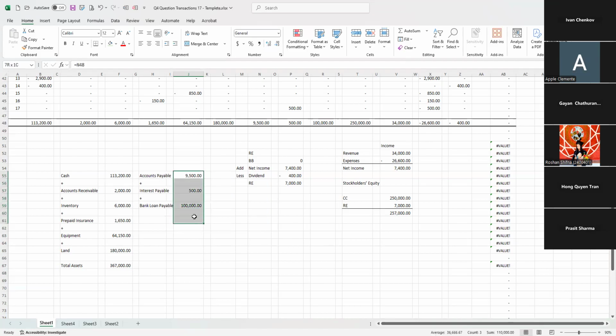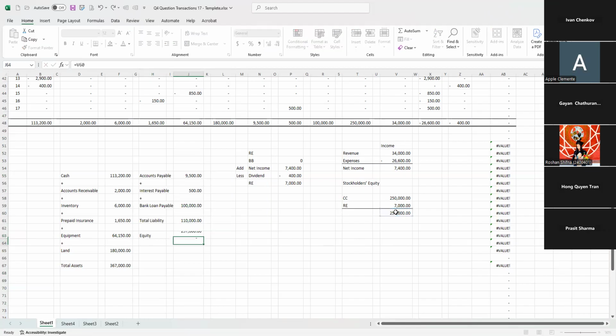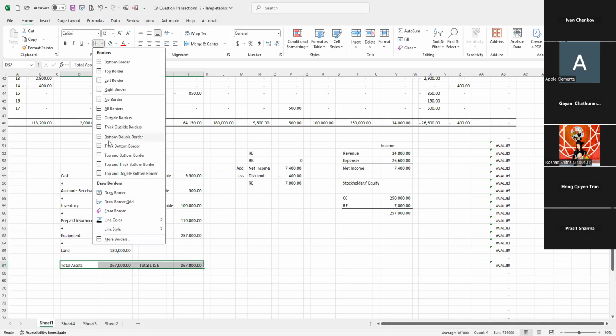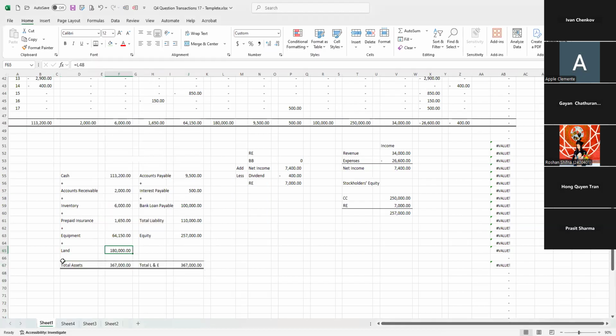So my total liability here is $110,000. And then equity is equal to $257,000. Now the question is, are my total equity and liability the same? Total liability and equity is 367. Am I in balance? Yes, sir. Once we're in balance, we're done.